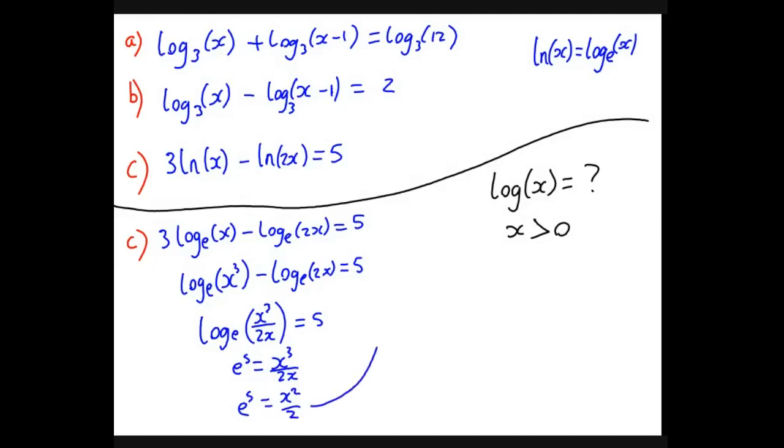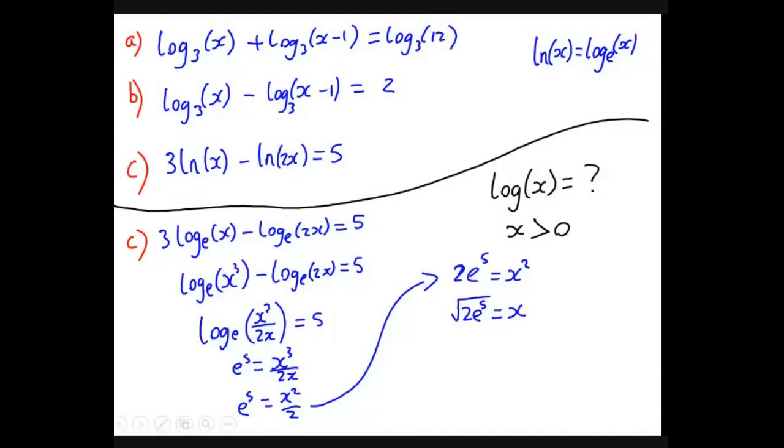So then 2e to the power of 5 equals x squared. And then the square root of 2e to the power of 5 equals x. So x equals that. Leave it in terms of e.